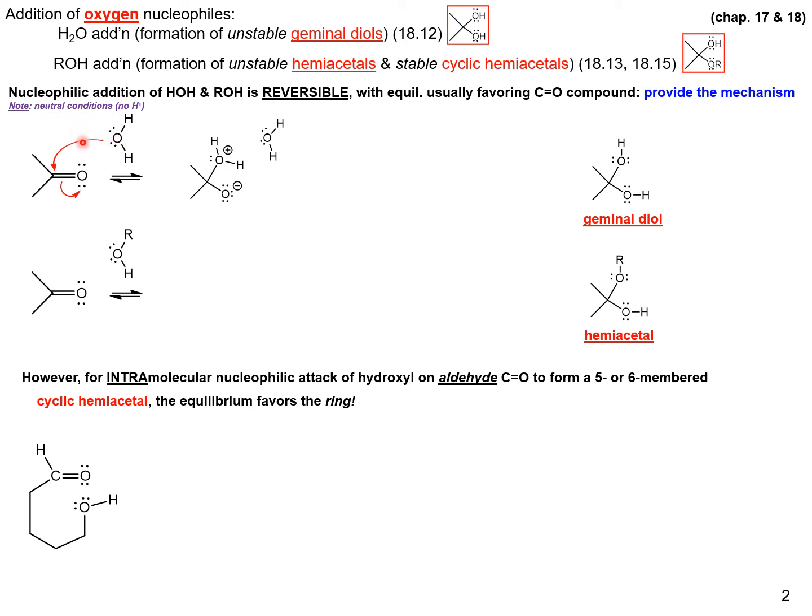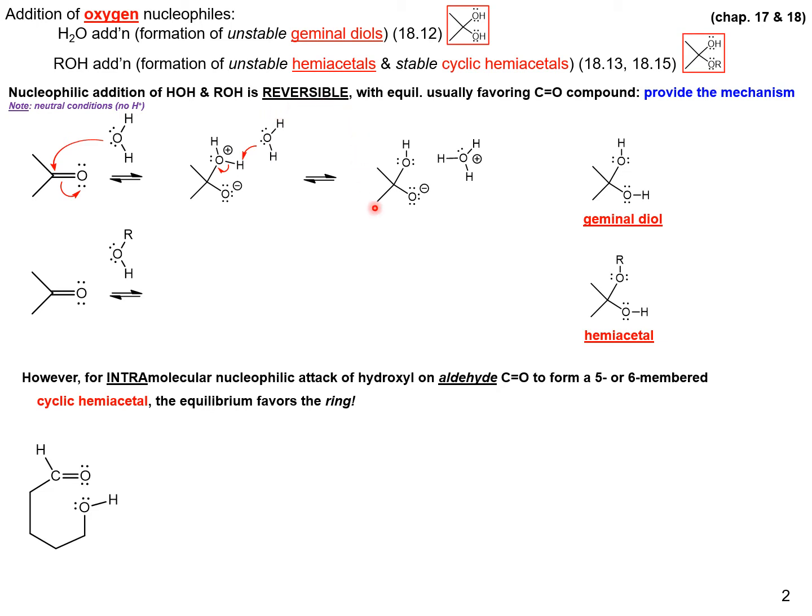I make a new oxygen-carbon bond with the pair of electrons on oxygen, and I break the pi bond of the carbonyl. And notice now the oxygen has a positive charge, and this was the time when you can remove the proton from water. And we're having another molecule of water acting as a Lewis base.